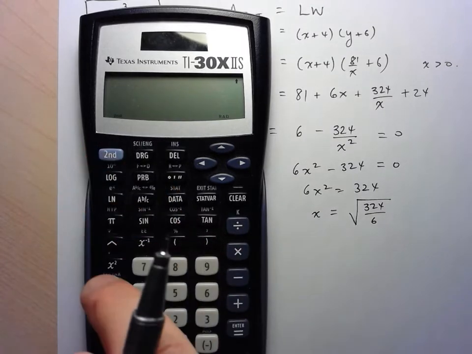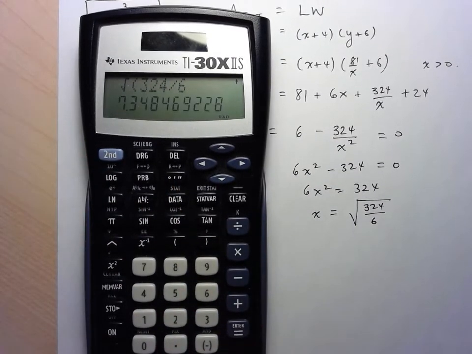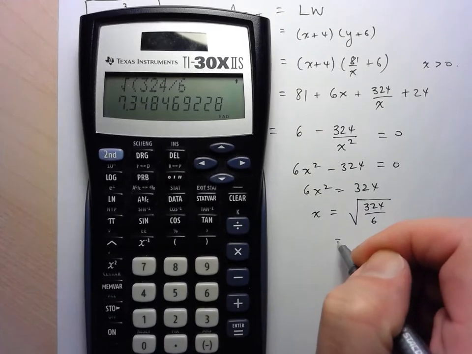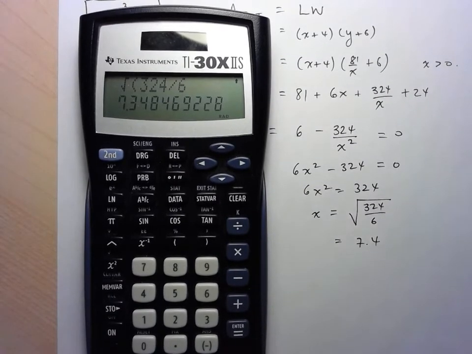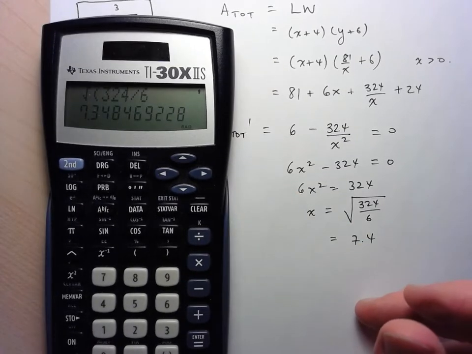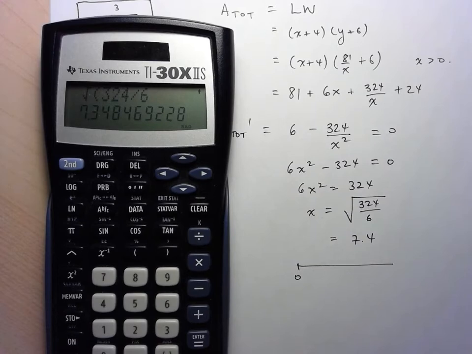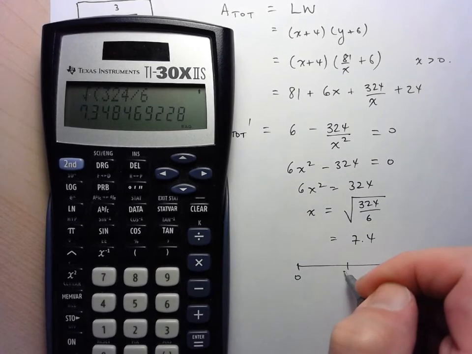So we have the square root of 324 divided by 6 gives us about 7.4. Okay, now we need to test that this is indeed, I guess here minimum is what we're looking for. So here we know we're only interested in greater than 0, so 7.4.